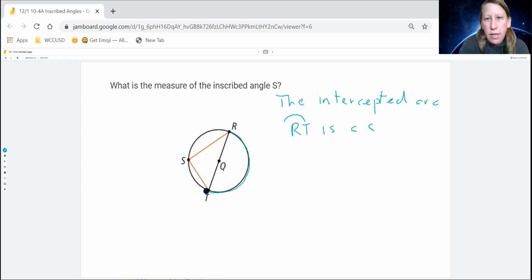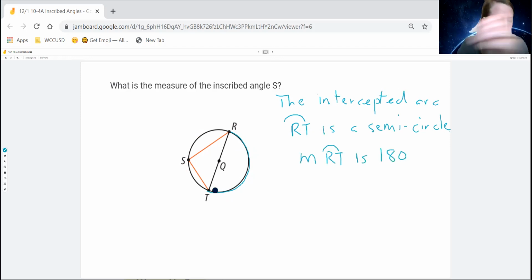is a semicircle. You see it? Its endpoints are on the diameter. So what do we know about the measure? If it's half a circle and the whole circle is 360, then how much is this part? The measure of arc RT is 180. And what did I just learn?